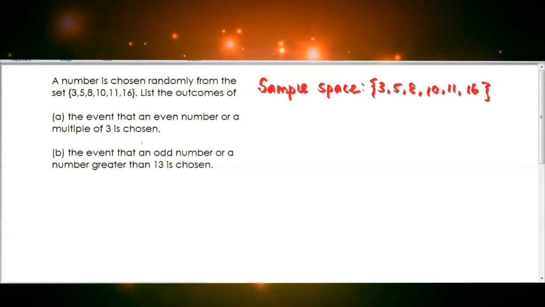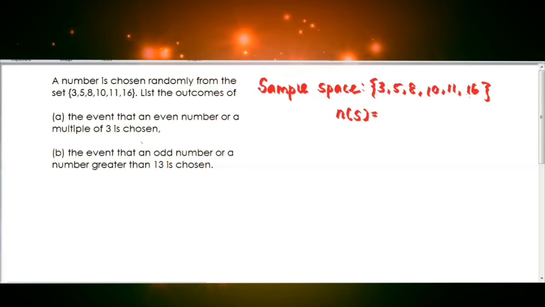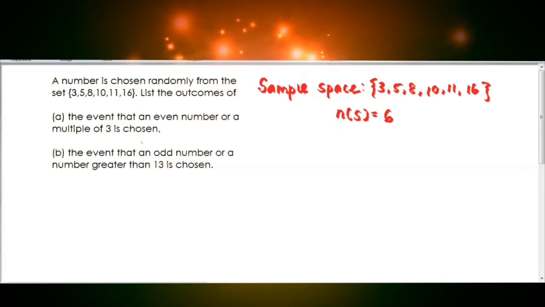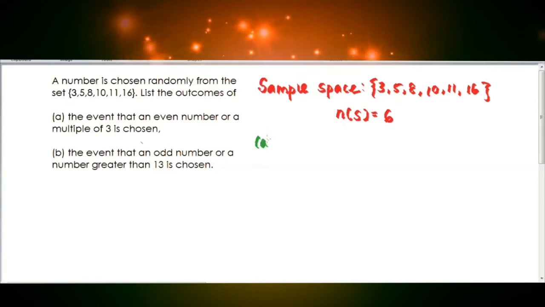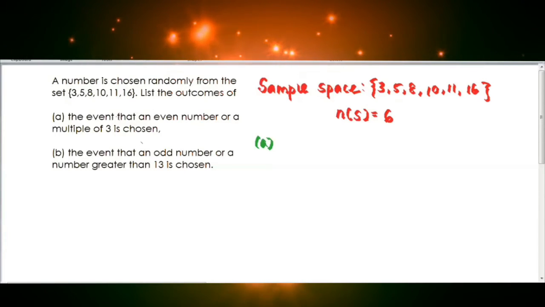The number of possible outcomes, the number of the sample space, equals how many? 1, 2, 3, 4, 5, 6. There are 6 possible outcomes we will get from the numbers. Then we answer question A: list the outcomes of the event.